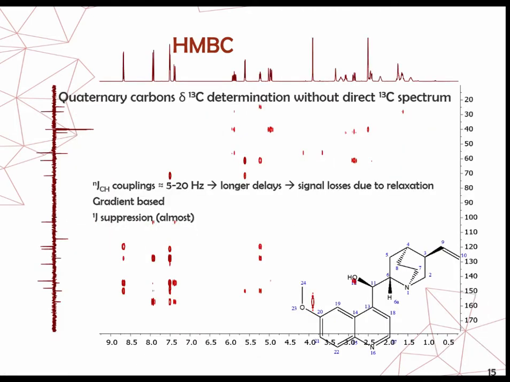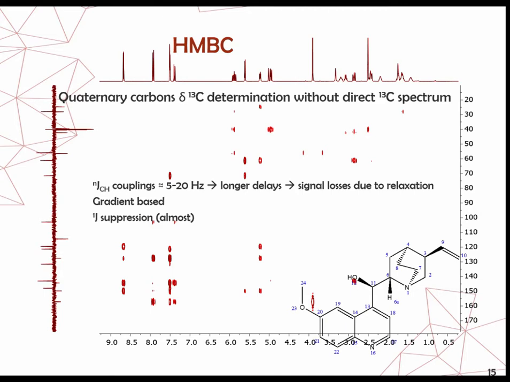Okay, so next, HMBC. HMBC is the experiment that could allow you to detect quaternary carbons without a direct 13 carbon spectrum. In some cases, when we have very little compound, even if you have already tried the cryoprobe, quaternary carbons are still very difficult to see, and HMBC can make them available via carbon-proton couplings.